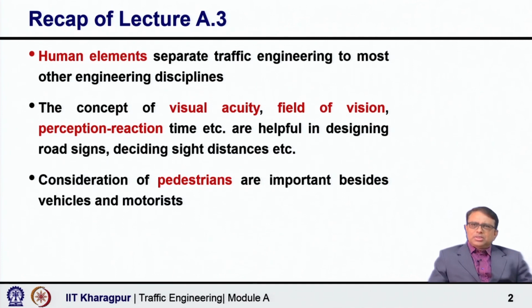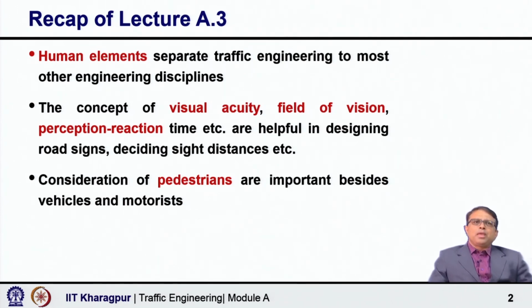If you talk about drivers, several characteristics, such as visual acuity, both static and dynamic, field of vision, and perception reaction time, are extremely useful and important for designing several traffic engineering facilities and elements.